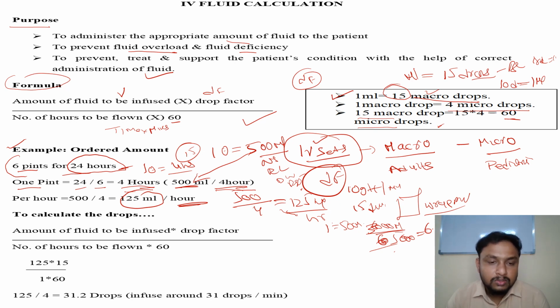To calculate, use this formula: amount of fluid volume into drop factor divided by time in minutes. So your volume per hour is 125 into your drop factor 15, divided by, only calculating for 1 hour, so 1 into 60, which is 60.